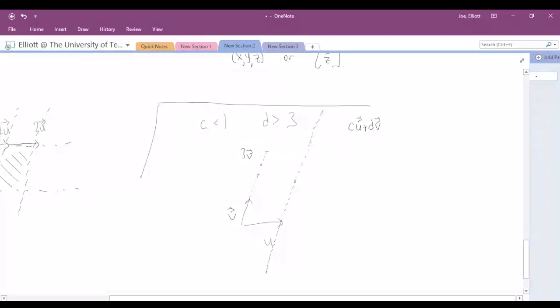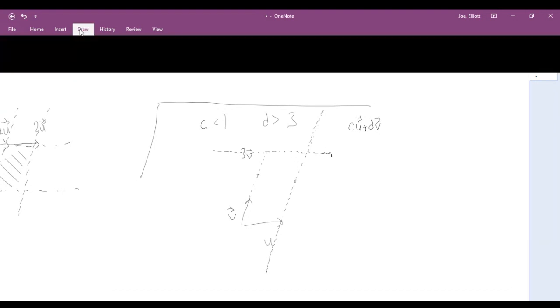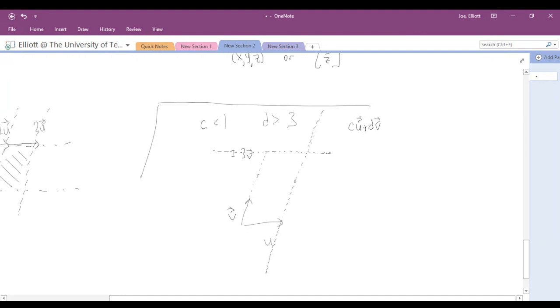And if it's d greater than 3, that would correspond to everything above this line. So it's above 3v and to the left of 1u. So it's going to be sort of an infinite area up here.